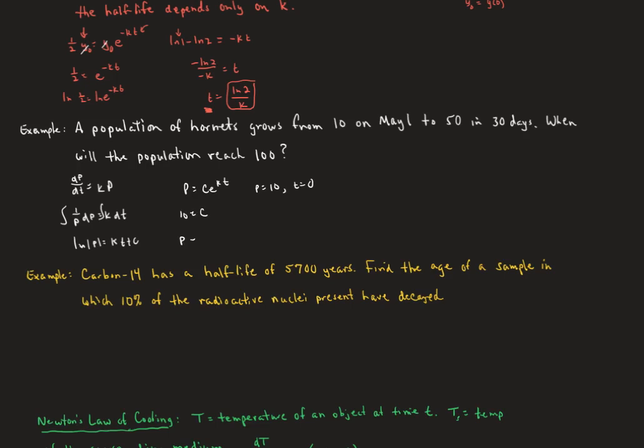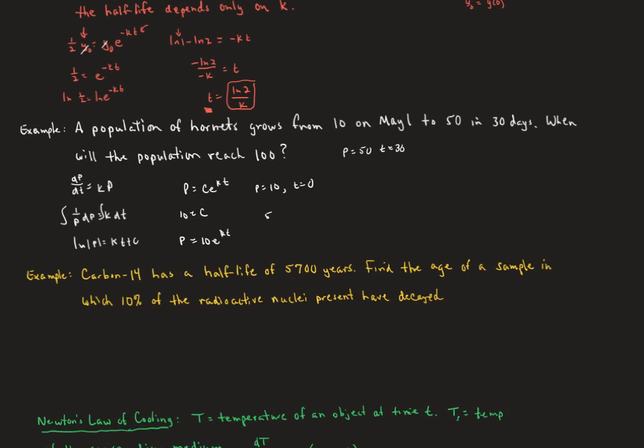So P is going to be 10 e to the kt, and it goes from 10 on May 1st, so we're going to get a population of 50 when t is equal to 30.